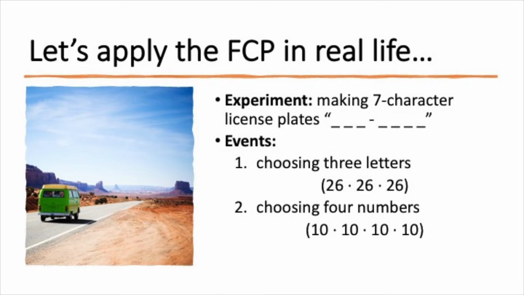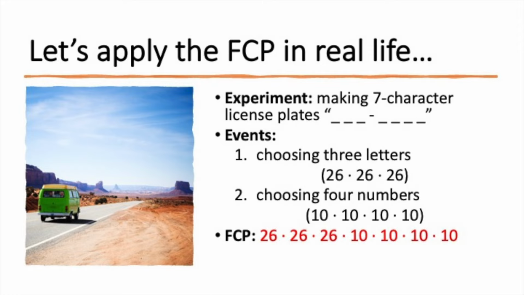And why choosing 4 numbers is 10 times 10 times 10 times 10? Because there are 10 numbers from 0 to 9, and we need 4 numbers in the license plate number. So, we simply need to multiply all of the possible options in the 2 events.